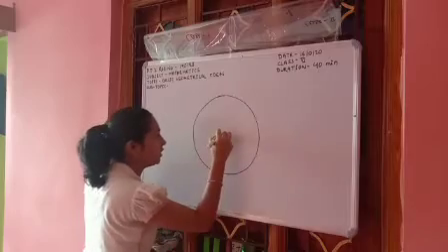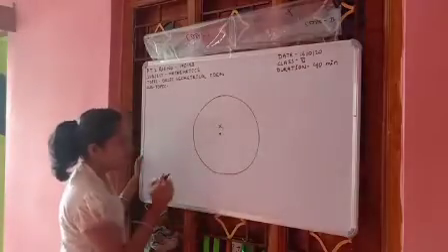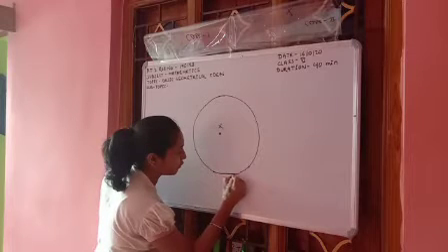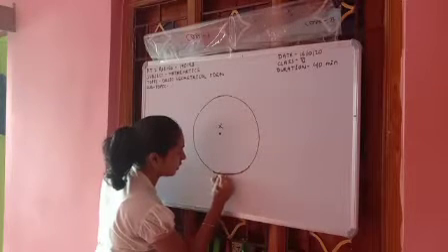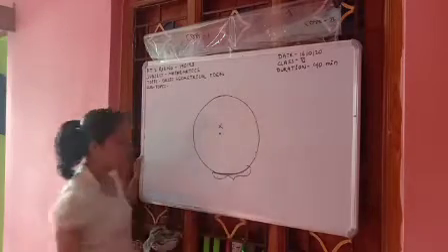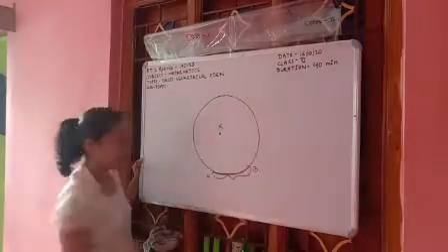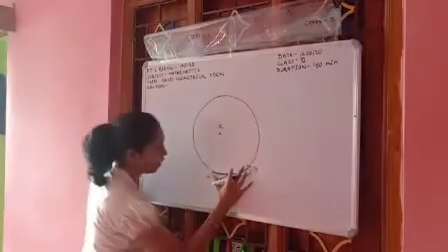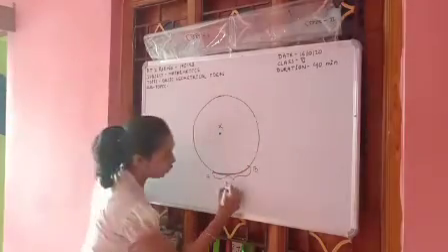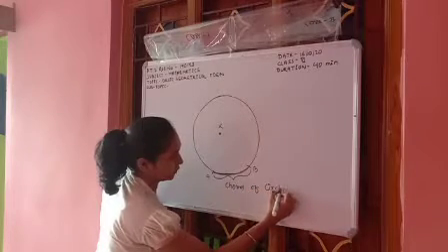This is the center point X. See, I have taken only a part of the boundary of the circle, from here to here, and I name it A and B. This small part of the boundary of the circle is known as the arc of the circle.